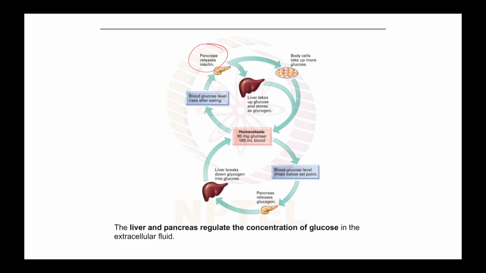Okay, so the pancreas has certain special kinds of cells. What are those cells called? Can anybody name? In the pancreas, yeah, tell me. Islets of Langerhans. Yeah, islets of Langerhans. And what are the different types of cells?